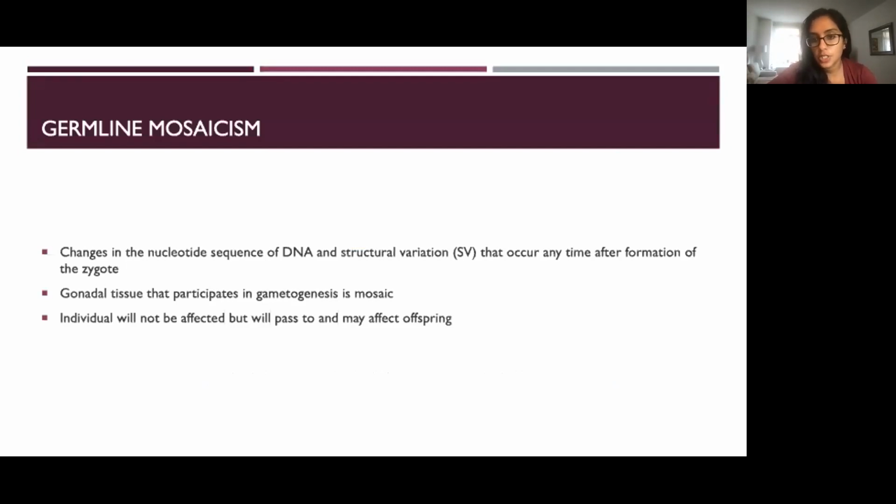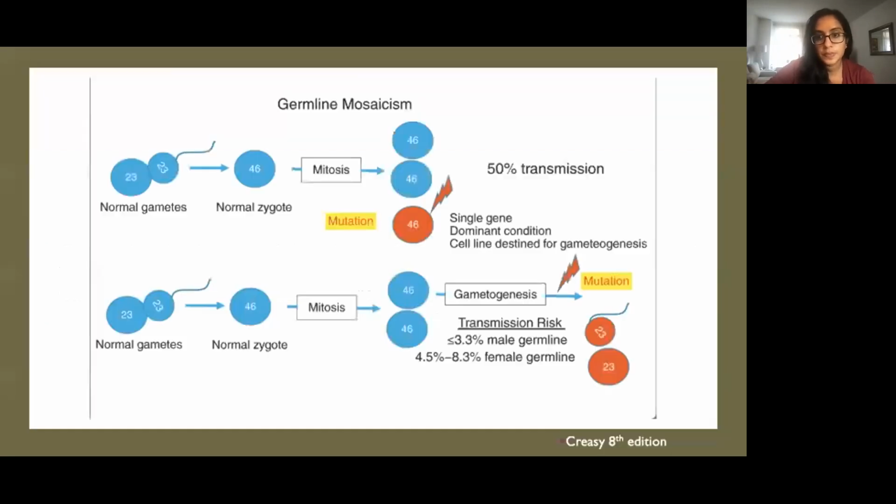Structural variation is a very non-specific term that includes small and large changes in the genome. Complex structural variation is when there are 2 or more breaks in the genome, and this can be large and actually seen on karyotype. Germline mosaicism is also called gonadal mosaicism.